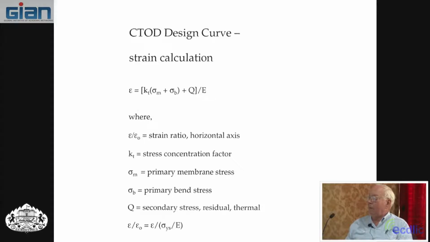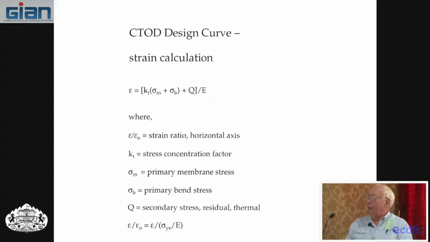Then if you have a notch or a hole, all of those are modified by the stress concentration factor. Use a little k here. Stress concentration factor is the stress around a hole or a notch compared to the average stress in the body. So these primary membrane stress, primary bending stress are modified by that value.